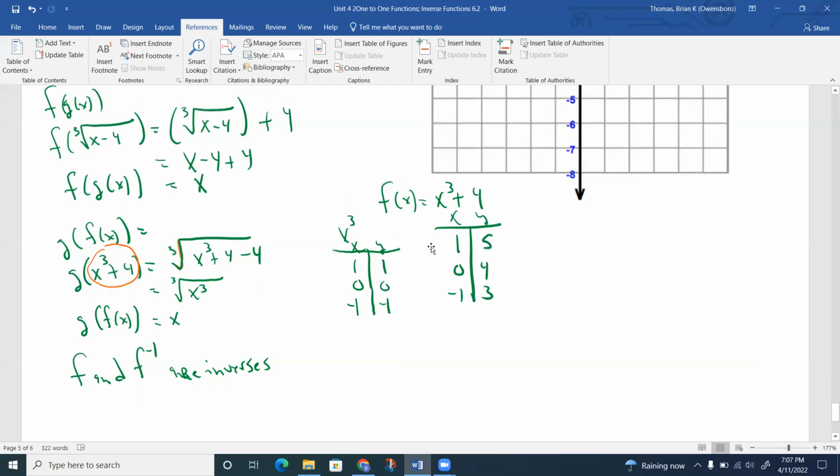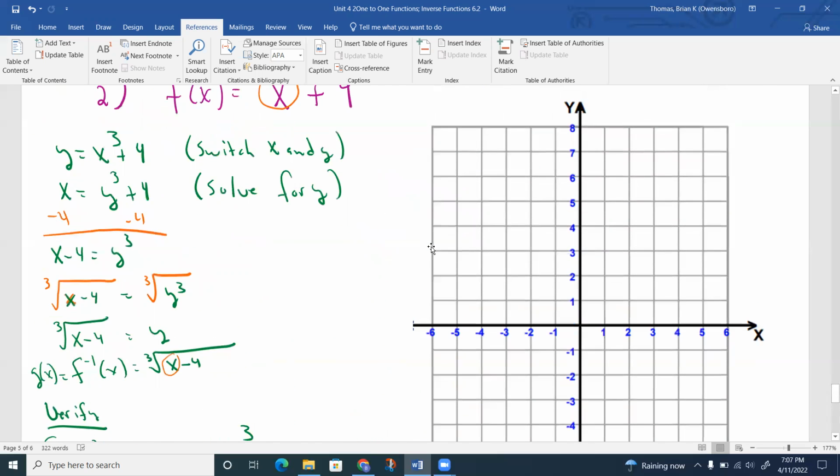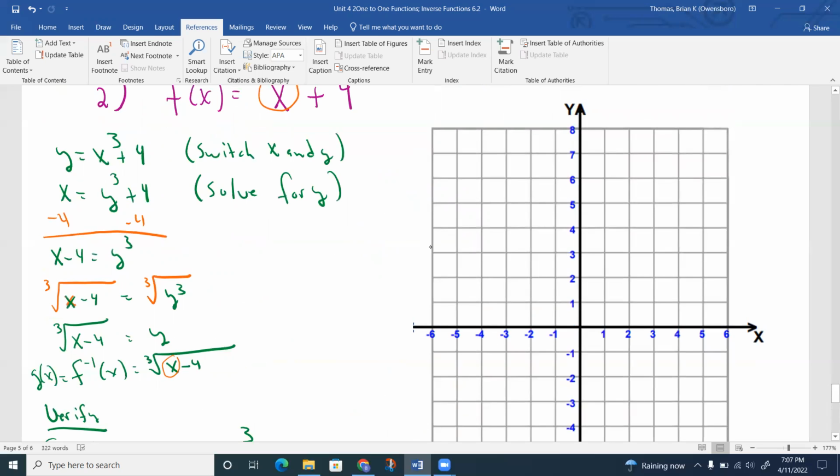When I graph x cubed plus 4, those are the 3 ordered pairs that I want to graph. And remember, this is a snake, so it goes down and flattens out through the 4 and then turns and goes across this way.